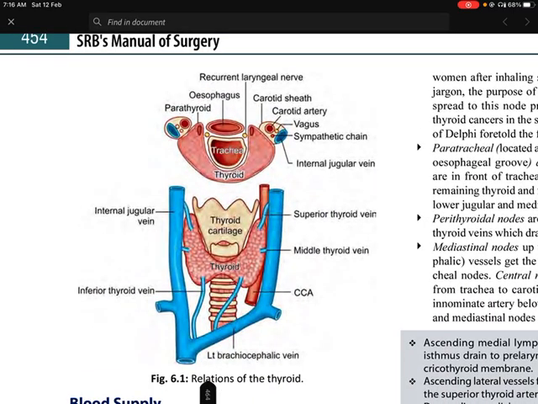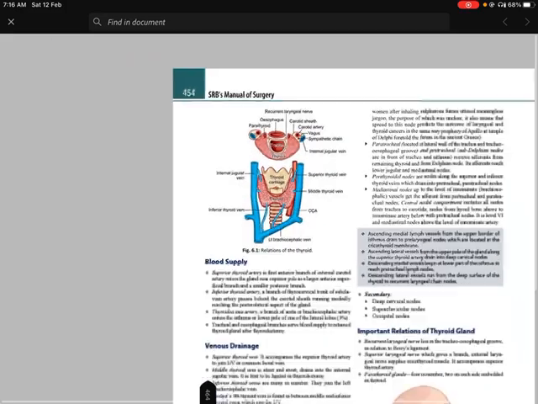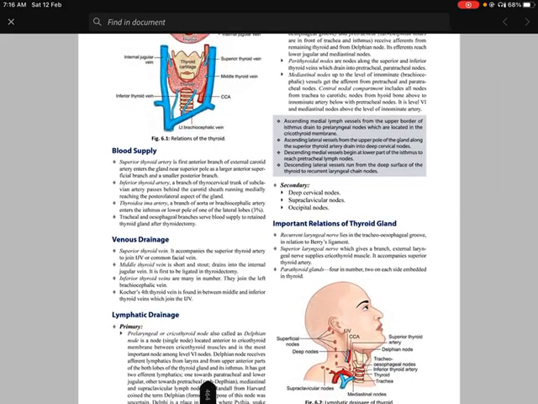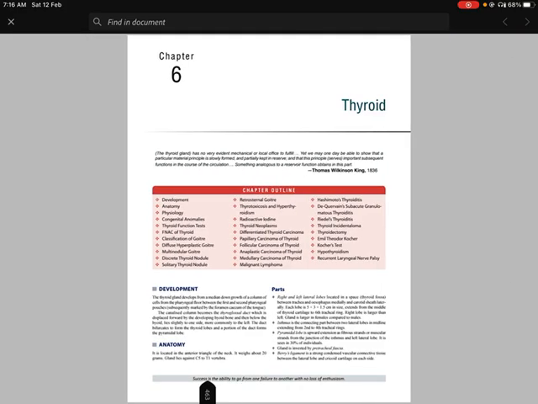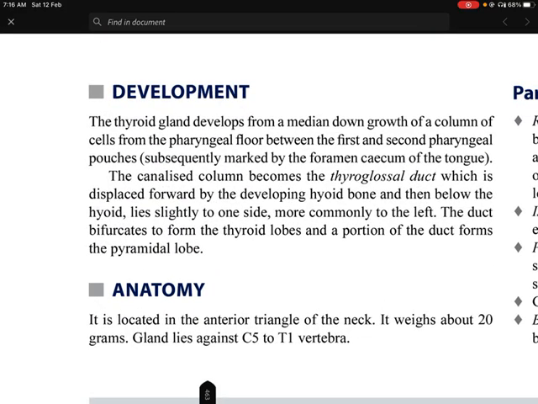Here is the trachea, this is the thyroid, the esophagus, and important relations, development. So the thyroid gland basically refers to the median downgrowth of a column of cells from the pharyngeal floor between the first and second pouch or arches, subsequently marked by the foramen cecum.